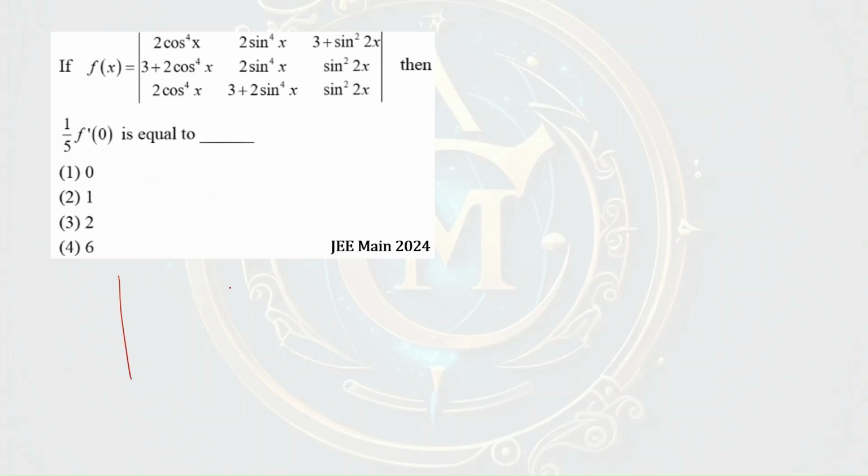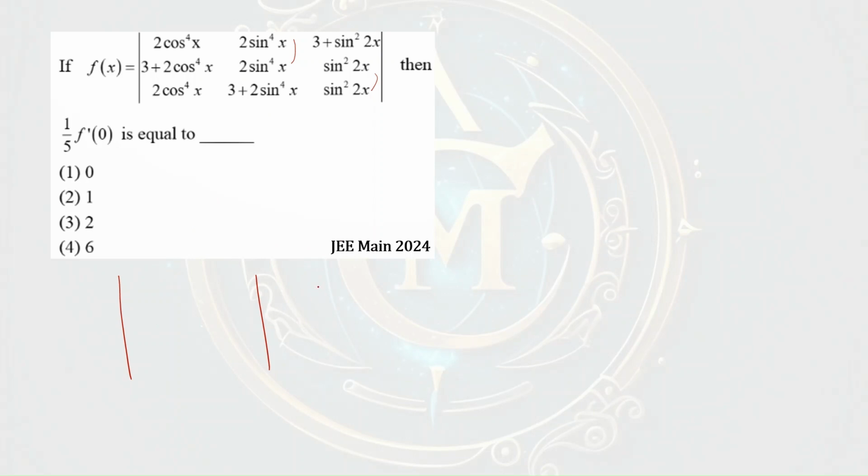If we simplify this determinant, now here I am saying that if I subtract R2 from R1, a 0 is created here, and also some constant terms will be created here. And also if I subtract the second row from the third row, again 0 will be created here, and then some constant terms will be created here.